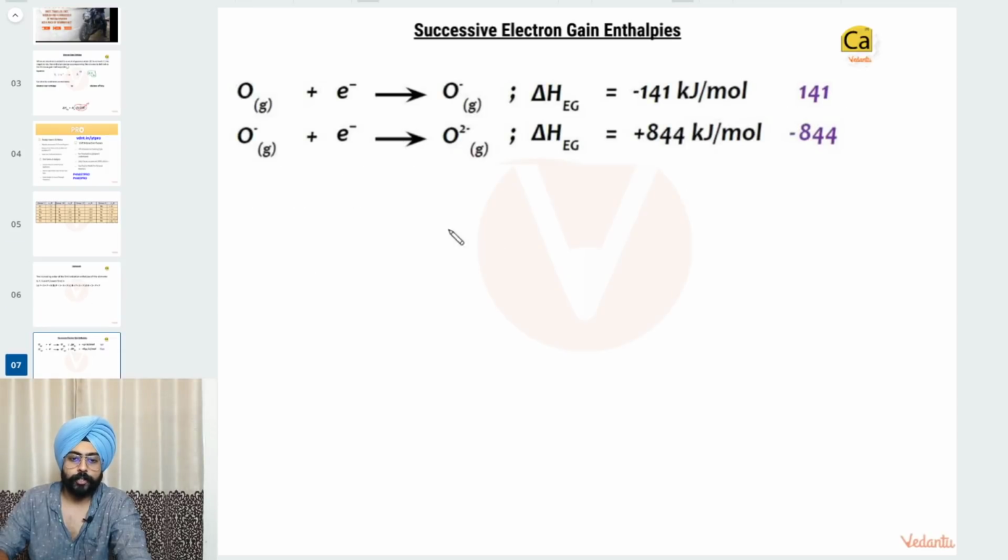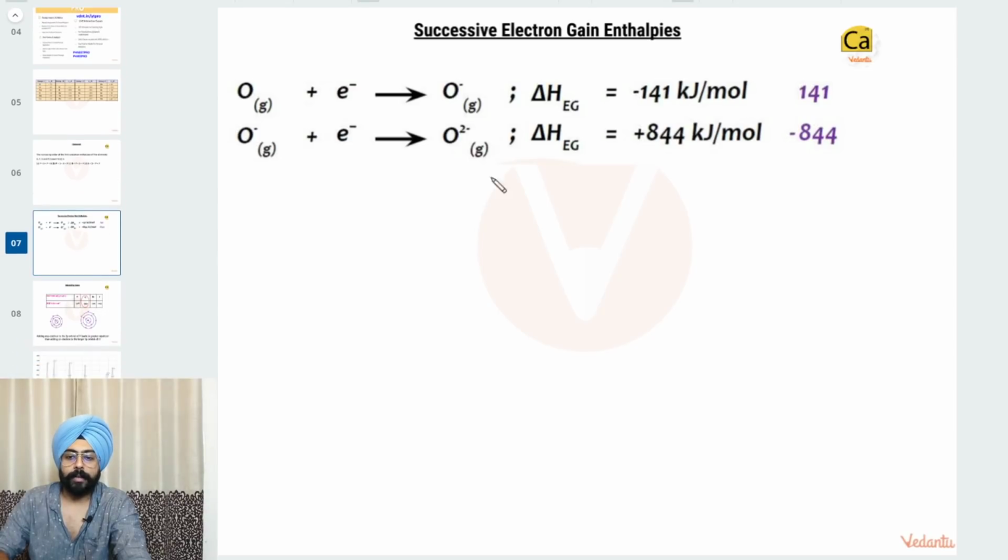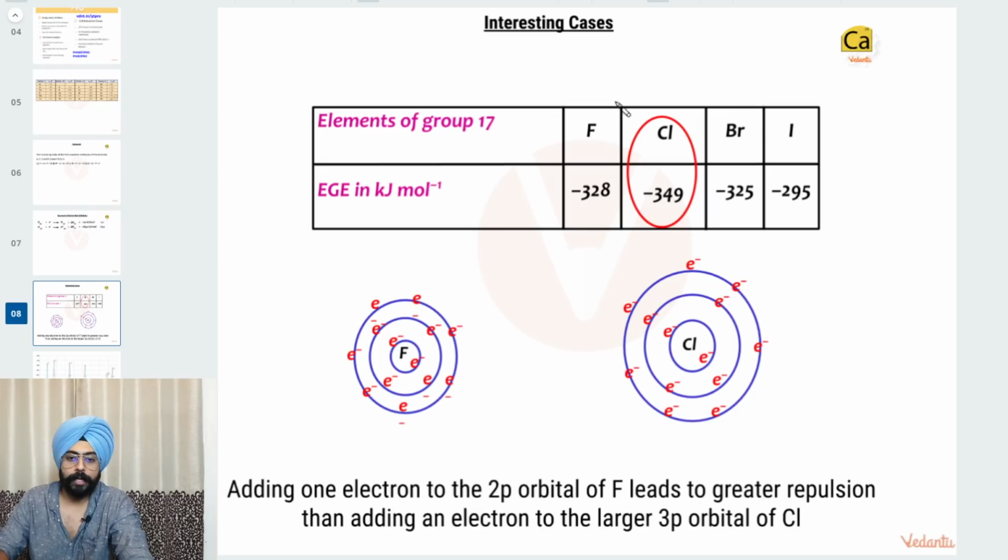We had discussed the successive electron gain enthalpies as well, and we had understood that every second, third, fourth electron gain enthalpy will be positive in nature. You'll have to force an extra electron in because it is a negatively charged species, of course. And then we had understood why fluorine's electron gain enthalpy's magnitude is not as high as chlorine. Fluorine's electron gain enthalpy is lesser than that of chlorine in terms of magnitude because of the electronic repulsion that you would face in case you are forcing an electron into fluorine. So this is what we had discussed in the previous class.